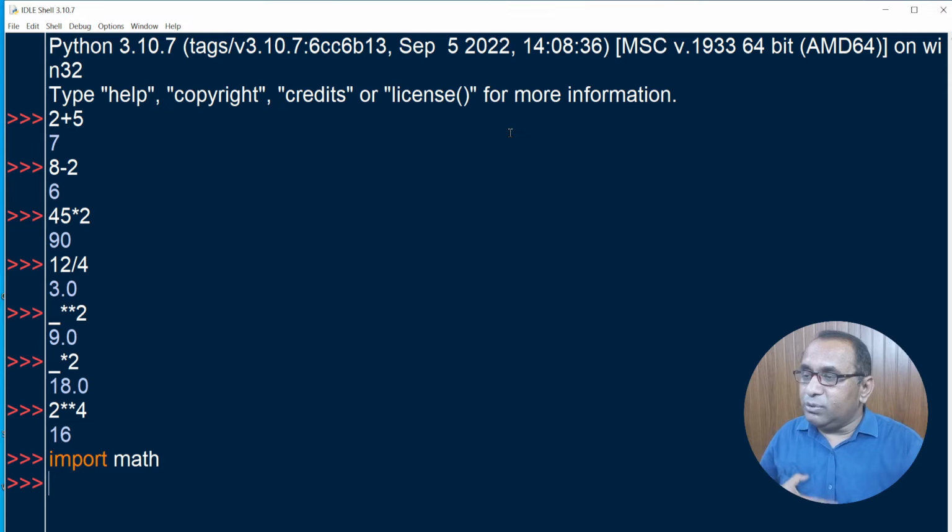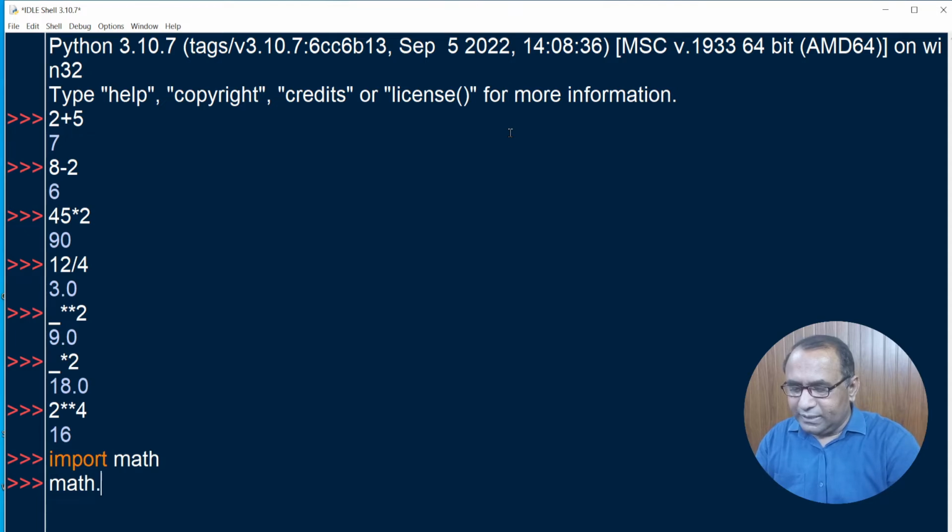If you are interested to find the value of sine, math dot sin, and then math dot pi by 2. When you press enter, this is equal to 1.